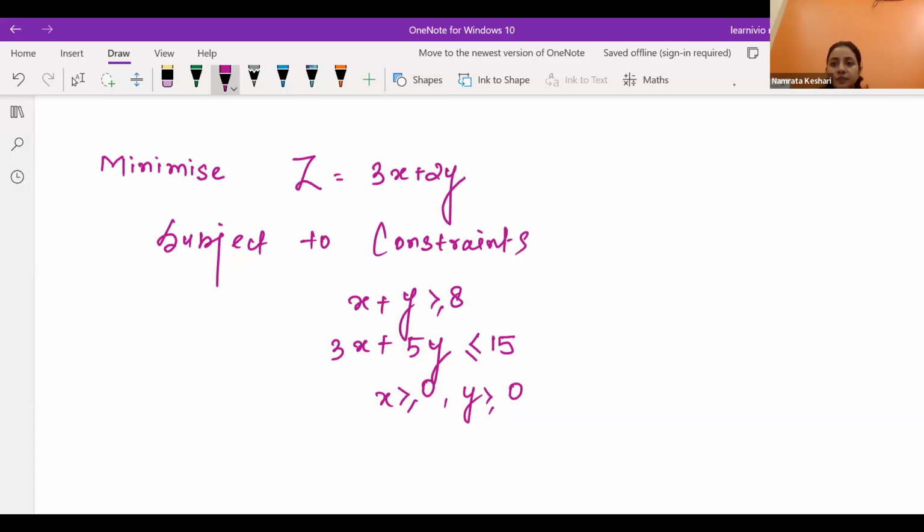Have you got the corner points? What are the corner points? Is it bounded or unbounded? It's bounded. Okay, let's check it over here.